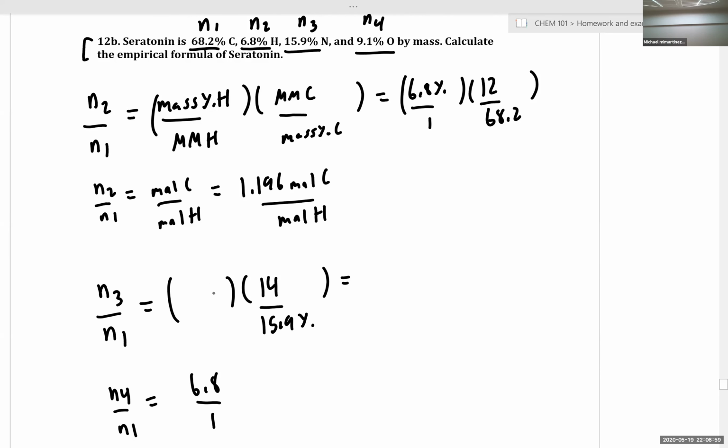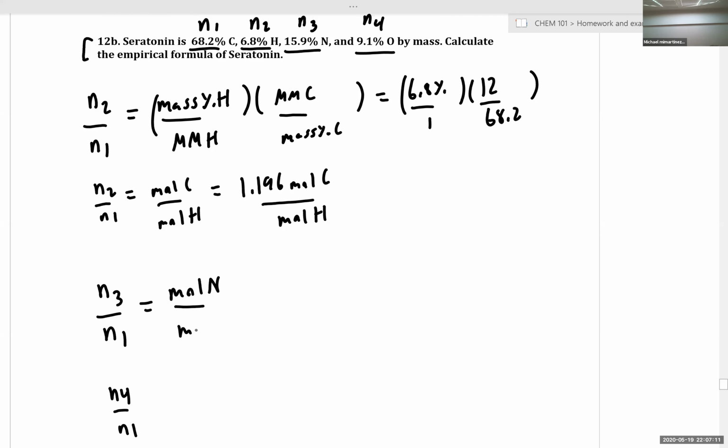N3 is nitrogen and N1 is carbon. I have a tendency to want to divide by the moles of hydrogen, so let's redo this calculation really quickly. This is the moles of nitrogen per mole of carbon. Plugging in, we take the mass percentage of nitrogen, which is 15.9%, over the molar mass of nitrogen, times the molar mass of carbon over the mass percentage of carbon.